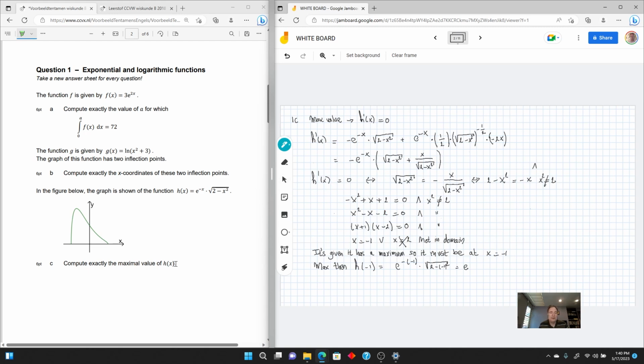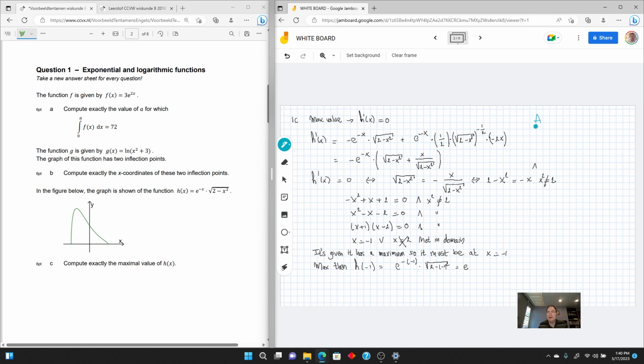Now since we need to compute the maximum value, we have to set the derivative equal to 0, which means that this plus this is equal to 0. We can bring one to the other side and just use the cross product of two quotients.